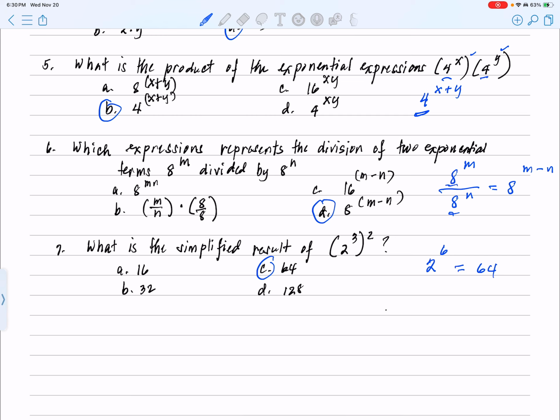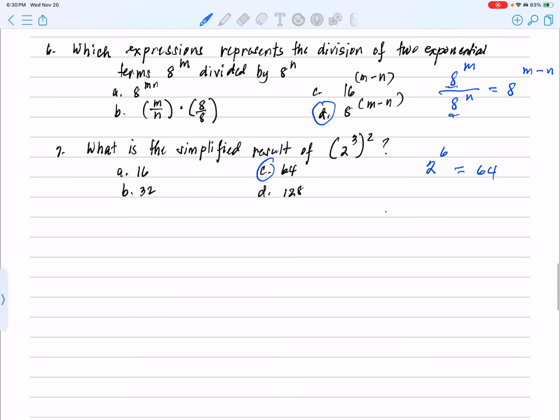Before closing up, let's have an additional reminder. I'm not doing this in 2.5 because it needs technology, like a calculator, and I will be doing that in some other videos. So exponential function models can be constructed for this data set with the use of technology, especially when we do what is called exponential regression.